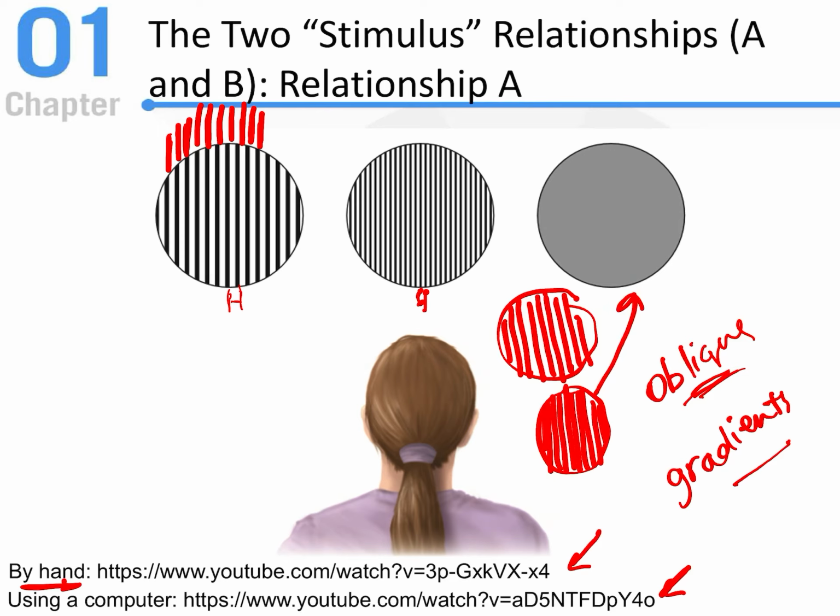By studying the gradients, you're going to be able to understand at what point a person can see or observe or perceive the stimulus. We call this whole process grating acuity.